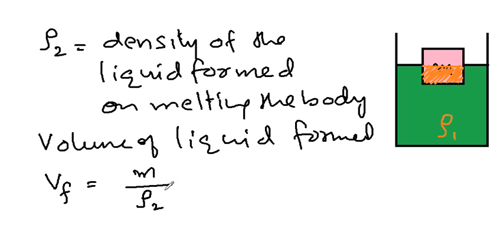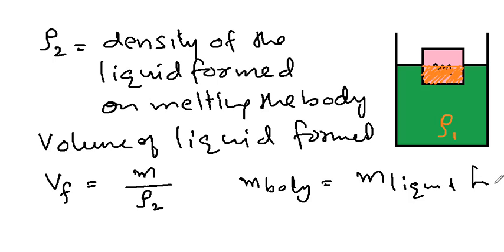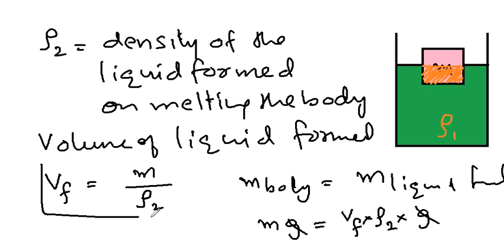Mass of body is mg. Mass of the liquid formed is volume of liquid formed times density of the liquid formed times g. You can see g cancels. You get the volume formed equal to m by ρ2.